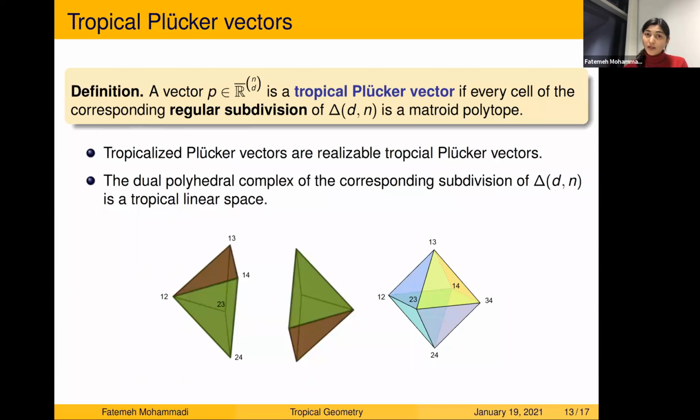I take your point and use it to lift every vertex of my hypersimplex one dimension higher. Then I subdivide, and then I project it back to the original space. And if I see a subdivision of this hypersimplex into matroid polytopes, then the answer is yes, this is a tropical Plücker vector. Otherwise, the answer is no.